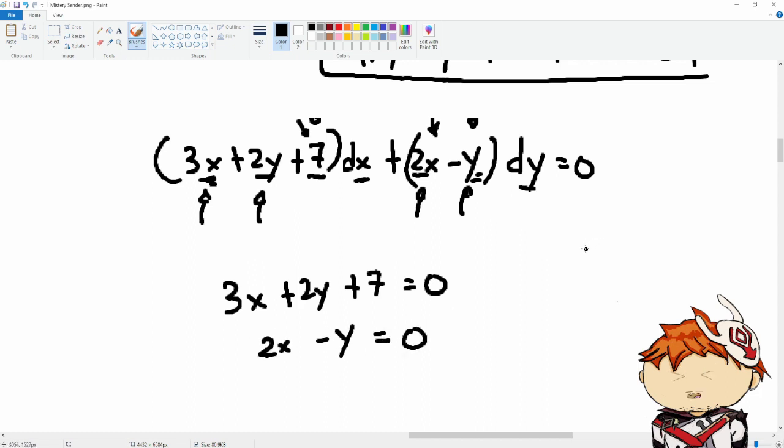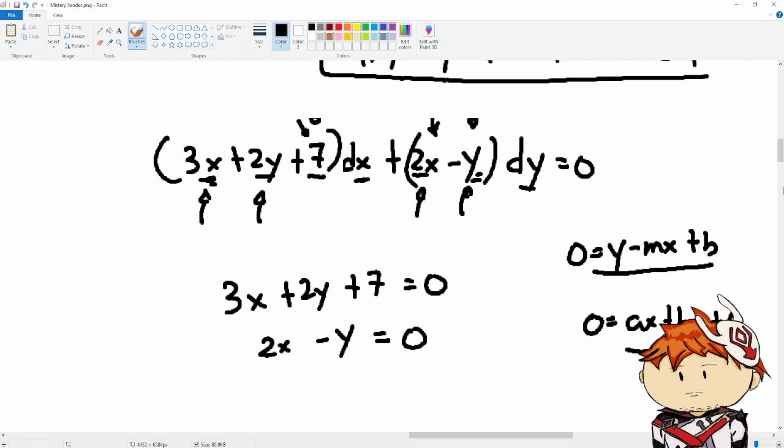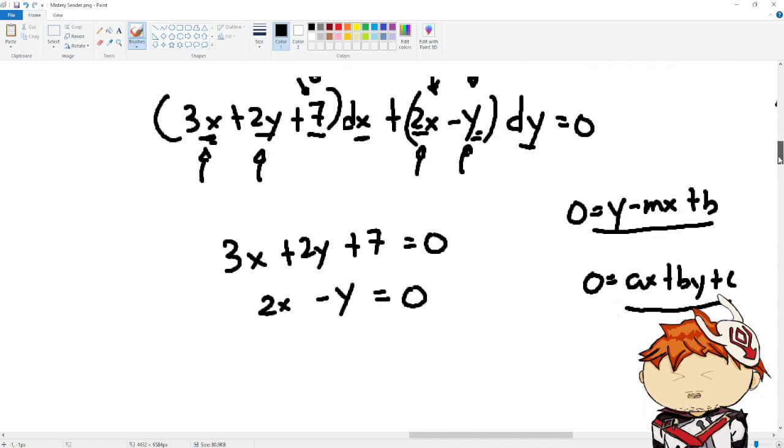That's basically a formula of a line, y equals mx plus b, or ax plus by plus c. That's the formula of a line. Okay, so we can do type 9.